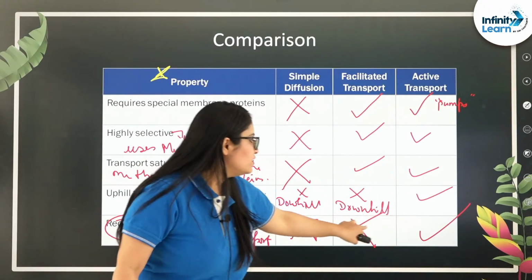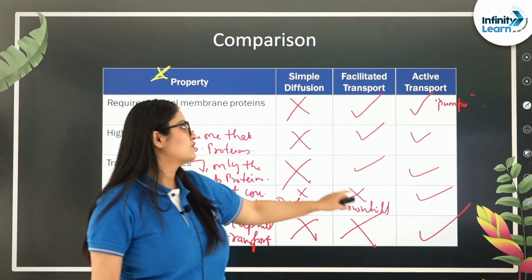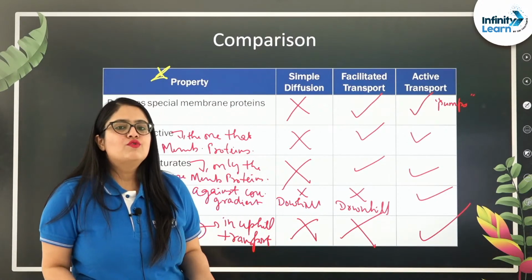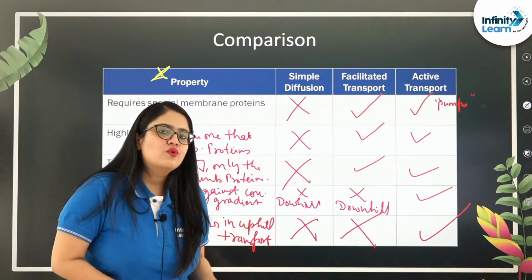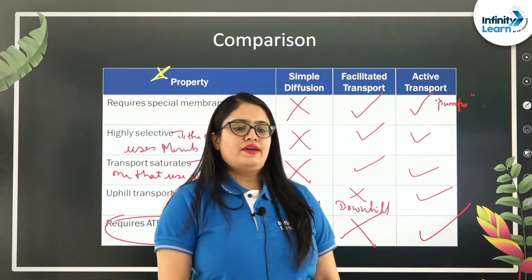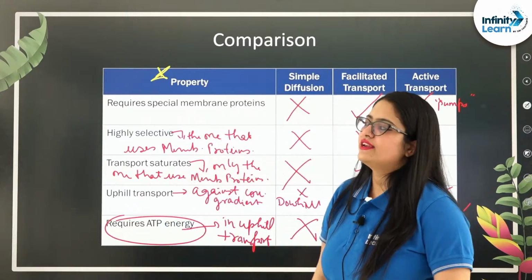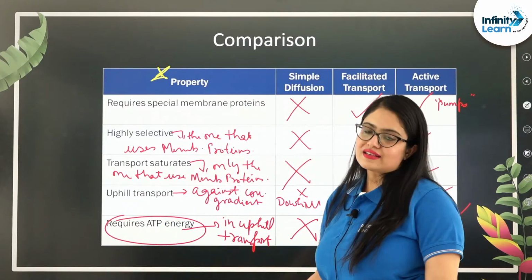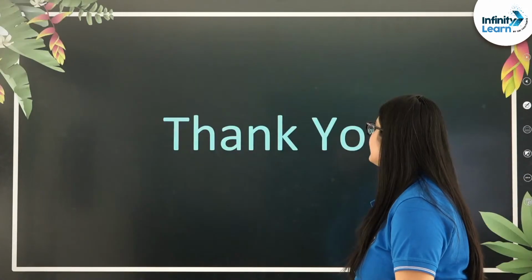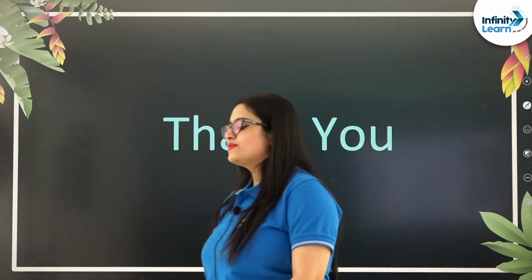Only active transport. Simple diffusion and facilitated diffusion show downhill movement from higher to lower concentration region. Hence ATP energy is not required, right? Expenditure of energy is not required to aid the movement of such substances, right students?